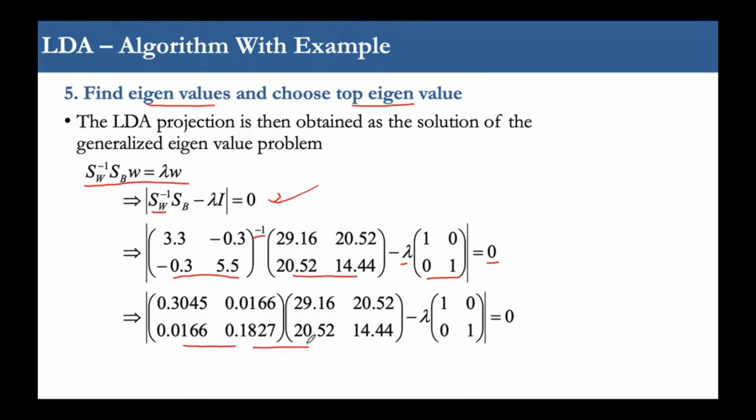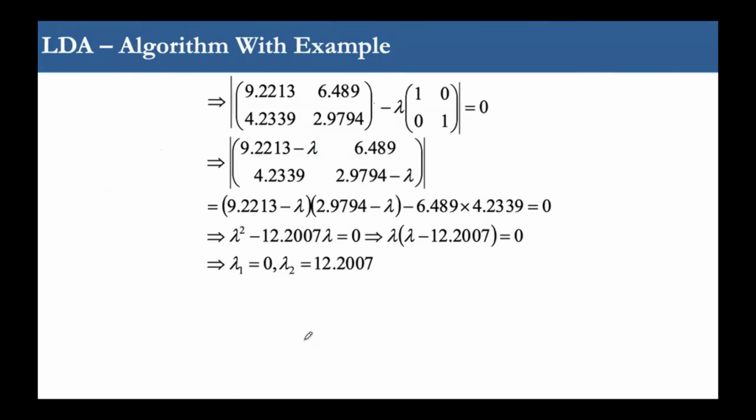So we need to first multiply these two matrices, and you will be getting the answer this way, minus lambda into the identity matrix. What is lambda into the identity matrix? We will get lambda, 0, 0, lambda.